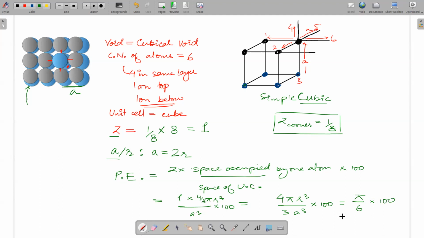I got 5 by 3 into 100. A is equal to 2r, the whole cube, it will be 8. You forgot the whole cube. Ahmed, yours is correct. 5 by 6 into 100.